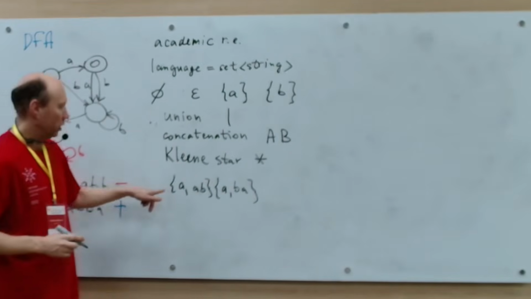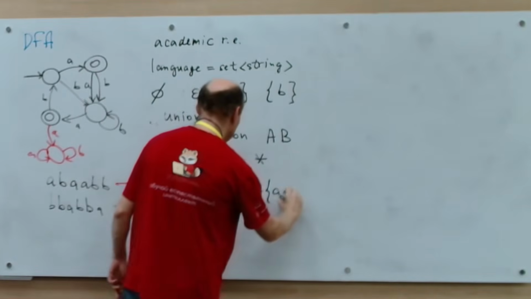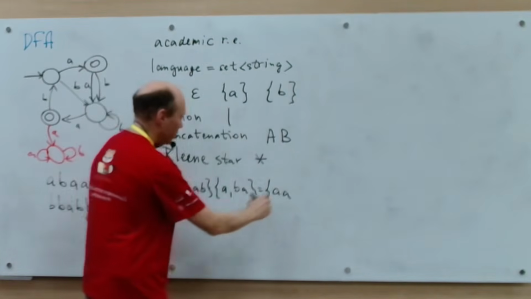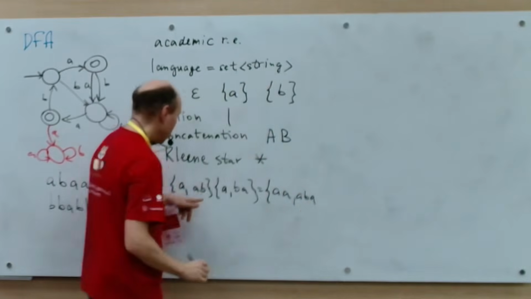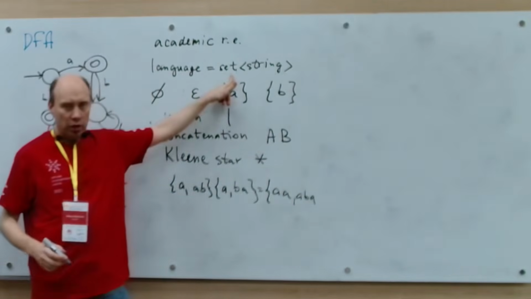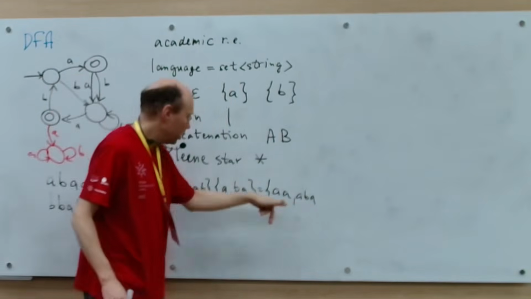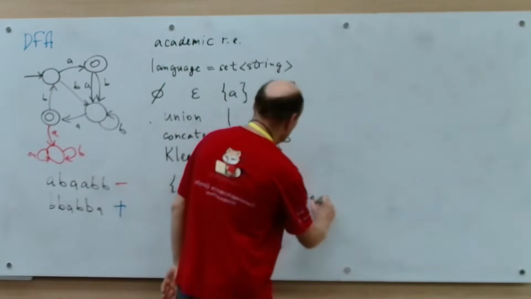We concatenate every pair: A and A is AA, A and B is AB, AB and A is ABA, AB and B is ABB. If a string appears multiple times, since a set doesn't have multiple appearances of the same string, we write it once.